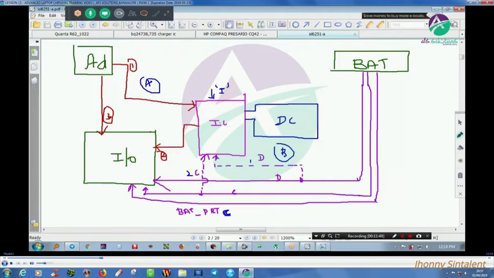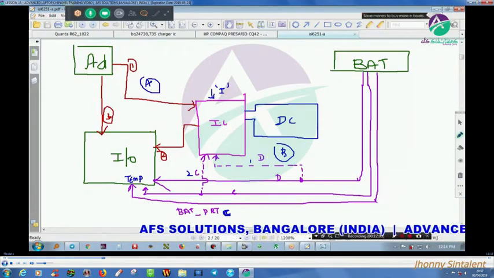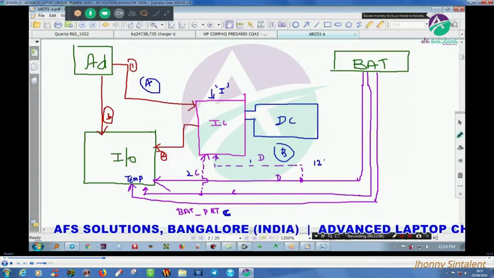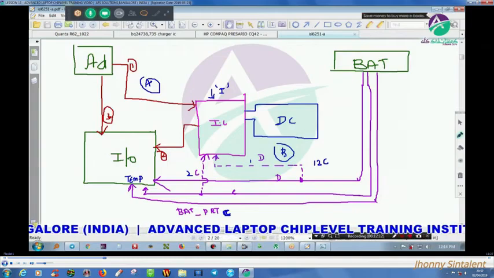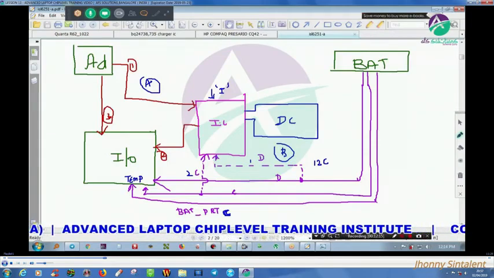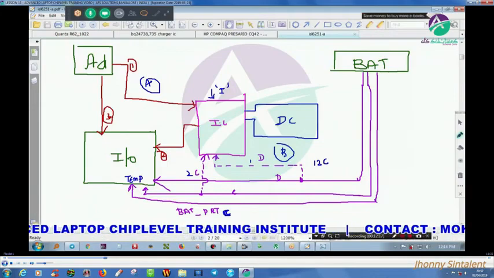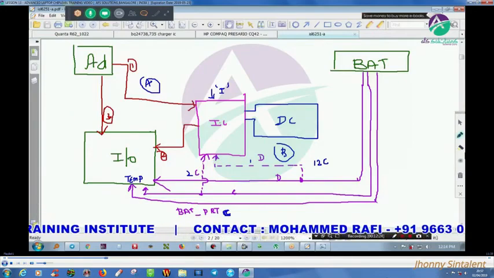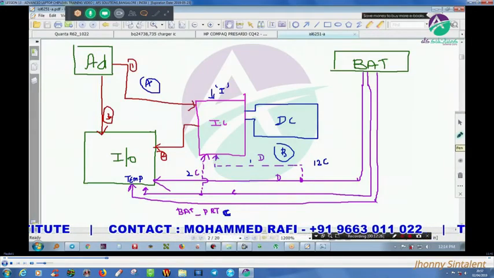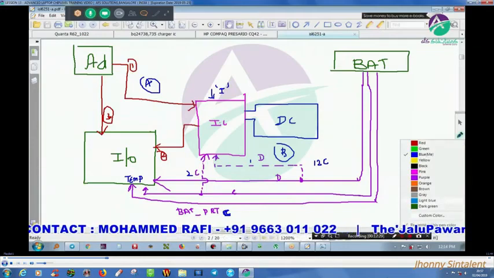So how will the IO controller understand the battery present? With the help of temperature. Okay, so it is a complete current sense. This circuit is called I2C. That means communication, current communication or smart IC information reaching the IO controller. Any IC which has I2C communication support can read my battery. So this is B.